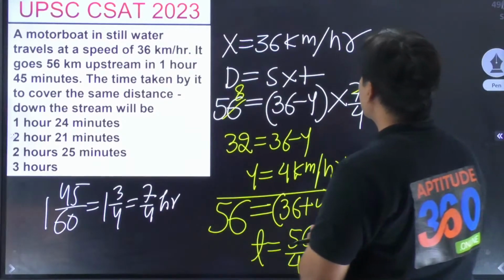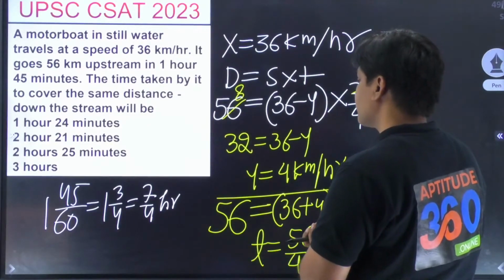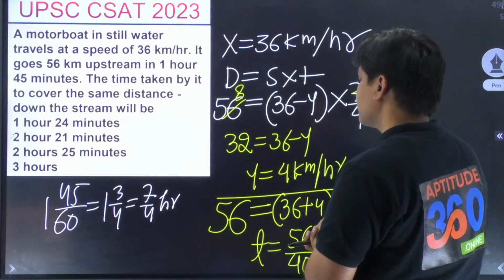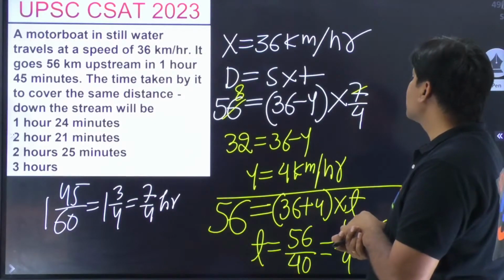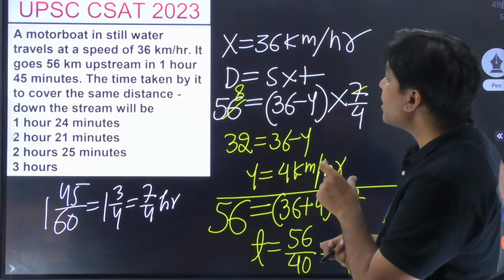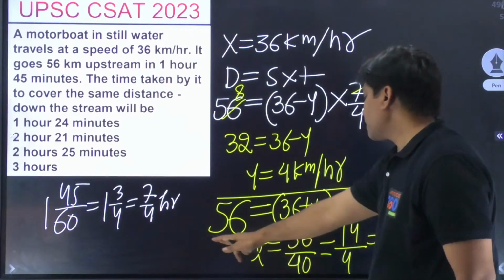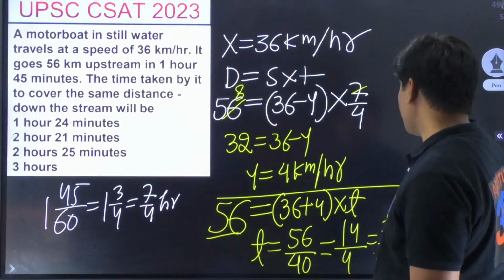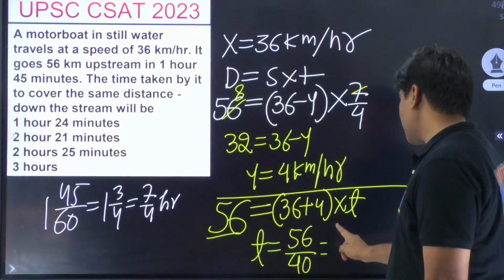Let me see. The time taken to cover the same distance down the stream. 56. ये कैसे हो गया?